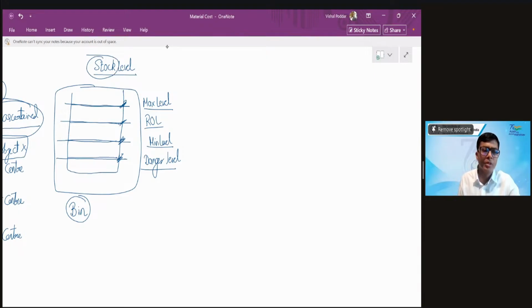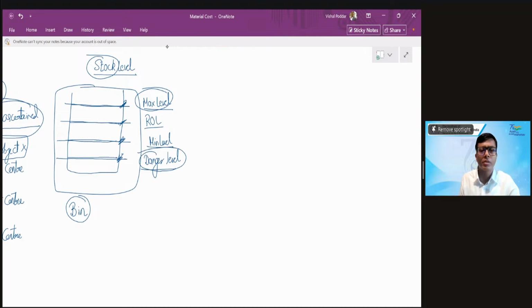Now, many times in your business, you have problems either because there is too high a stock, which is leading to unnecessary blocking of your space, blocking of your money, and also when there is high stock, there are more chances of losses. So a very high stock is not a good sign. Similarly, a very low stock can be very dangerous. Why?